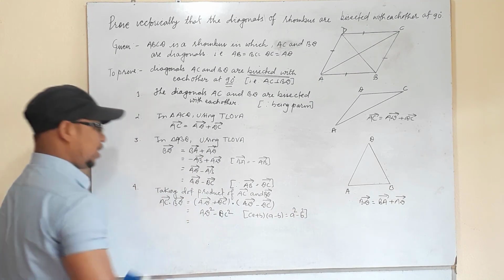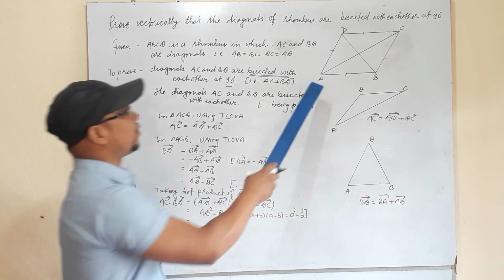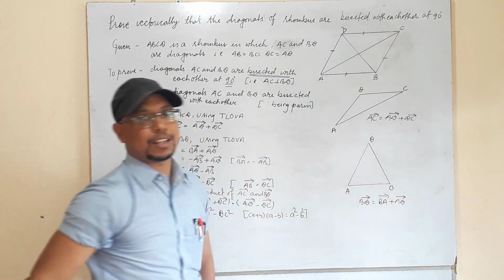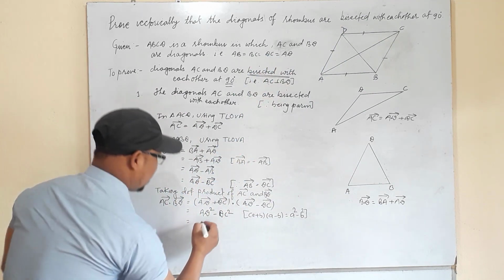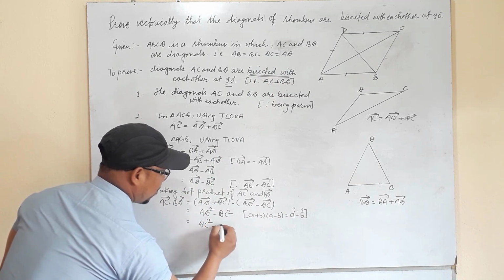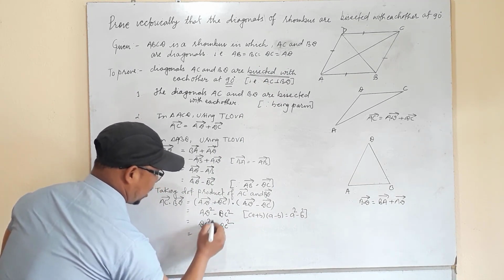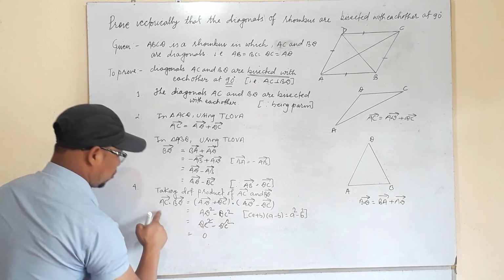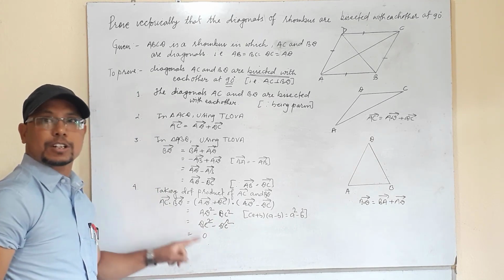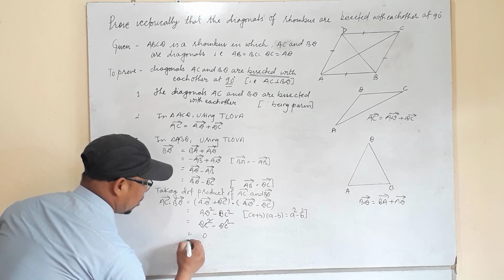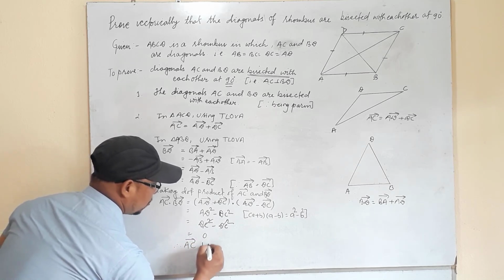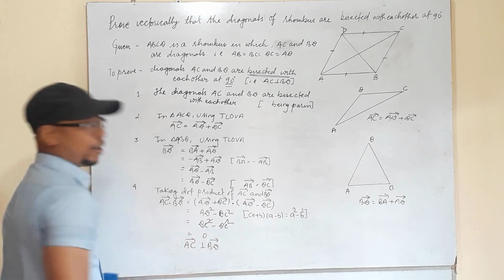Now in this case, the magnitudes of AD and DC are equal, as we are already given. So I can replace AD by DC. So DC square minus DC square cancels, giving 0. So the dot product of the two vectors comes to 0. That means they are perpendicular.